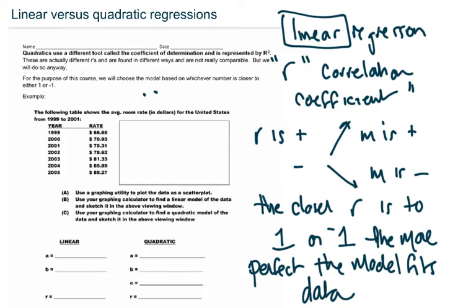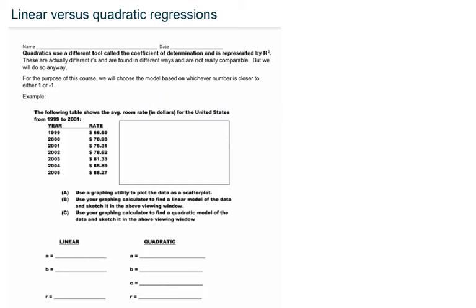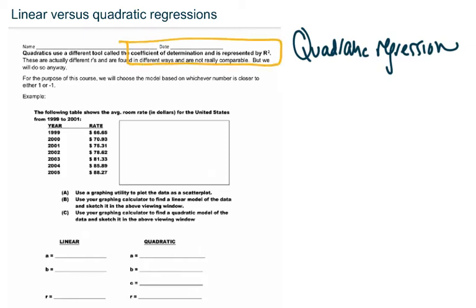But for polynomial fits, meaning quadratics, cubics, quartics, stuff like that, a quadratic regression doesn't use R. It uses something called R squared, and it's the coefficient of determination.